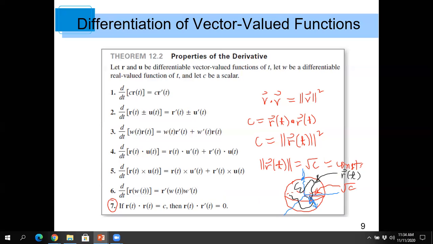Because the space curve lives on the surface of that sphere, all of the vectors r of t are going to be perpendicular to the tangent vectors. Think about that. It's because the tip is right on the surface of that sphere. So that's what this is saying, okay? If r of t dotted with itself is always a constant, that means that the space curve is on a sphere. And therefore, every one of the vectors in the vector valued function is perpendicular to its tangent vector, yeah?